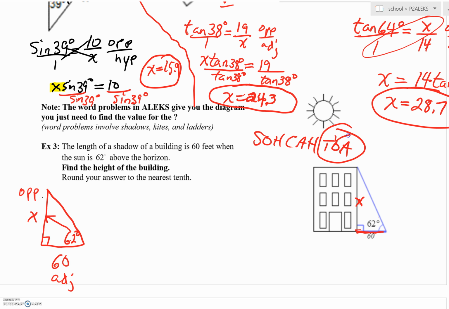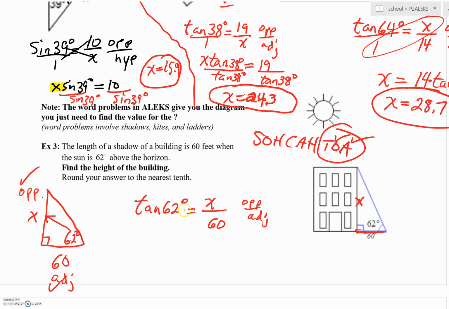Tangent, the TOA, the O and the A. So I'm going to write tangent of 62. And you always have to go in that order. Opposite, the first letter, goes up on top. Second letter goes in the denominator. So it's opposite over adjacent.